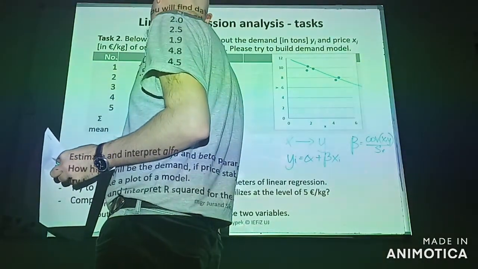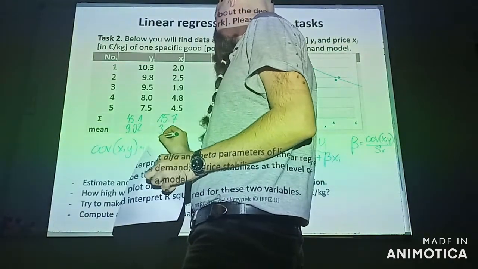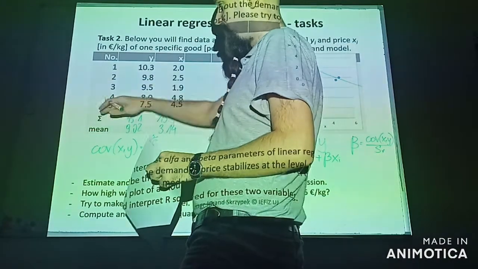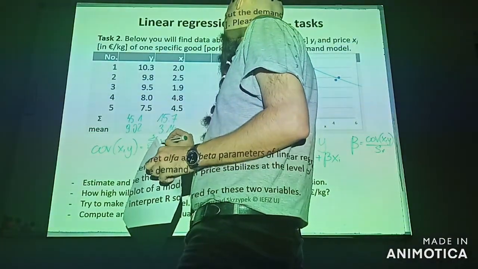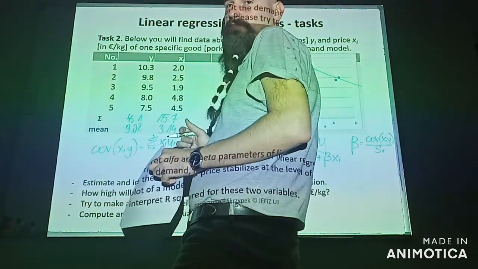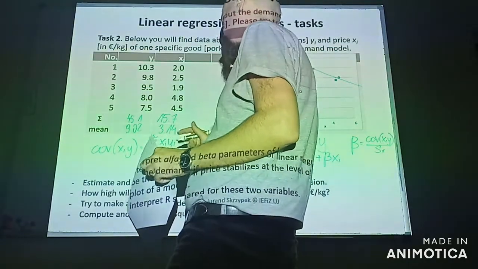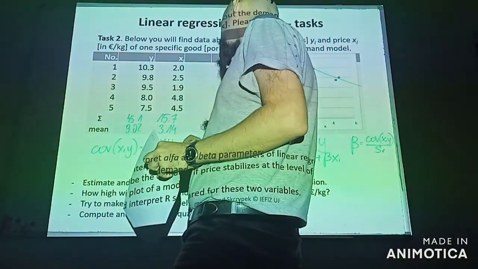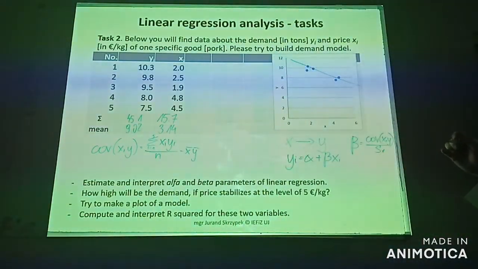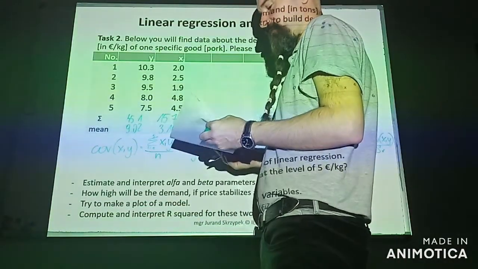Covariance between the demand and the price can be denoted by the sum from i equal 1 up to 5, because we have 5 observations, of the products of the demand and the price divided by n, minus the product of the arithmetic means. Arithmetic mean of x and arithmetic mean of y.